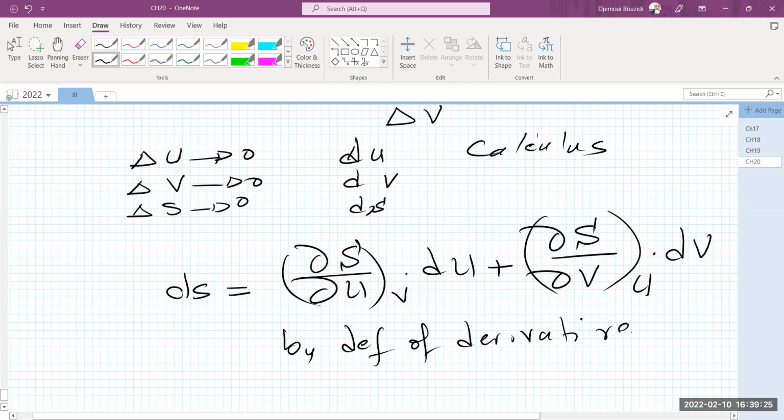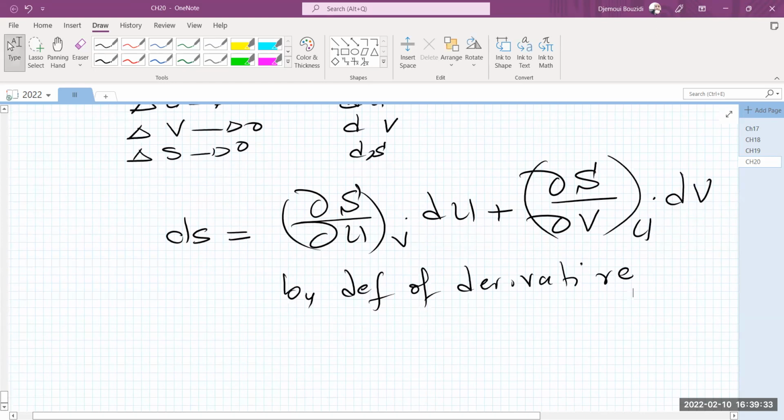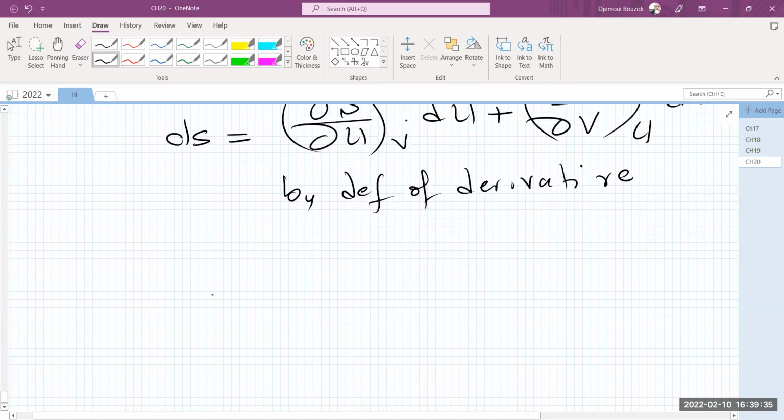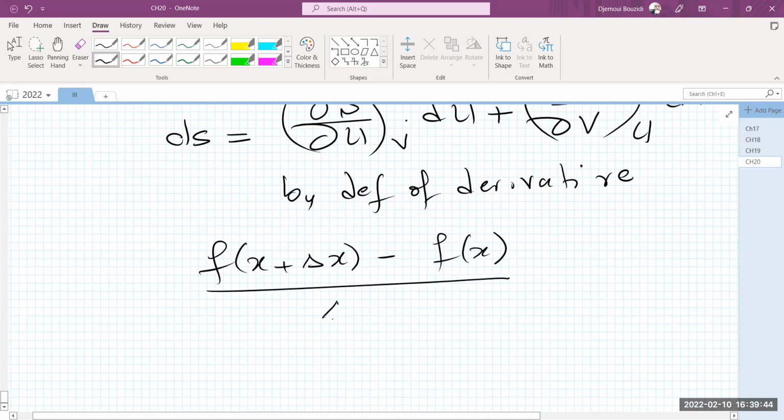The only reason why we have these partials, this curly thing in here, is because the function s is not a single variable function. In regular calculus, in single variable functions, you find the function f of x plus delta x, you subtract from it the function f of x, you divide by delta x, and you multiply by delta x, and you say that this is delta f.